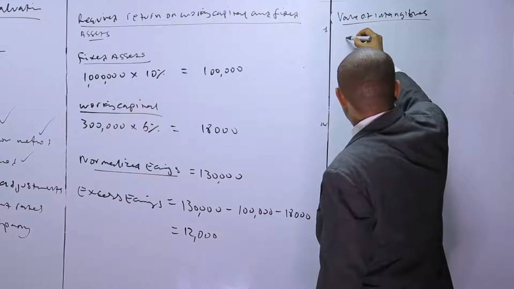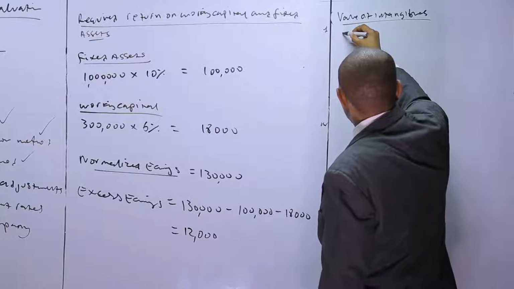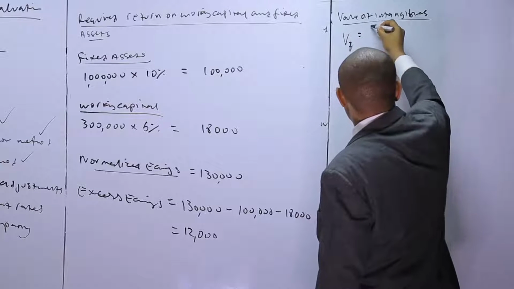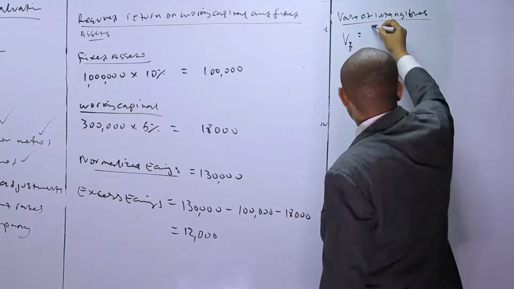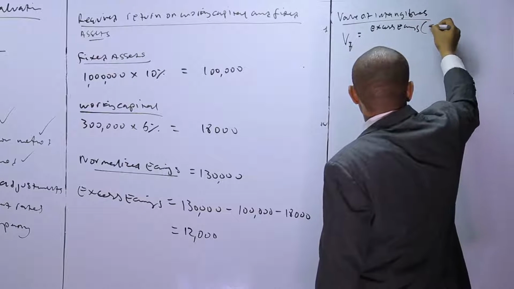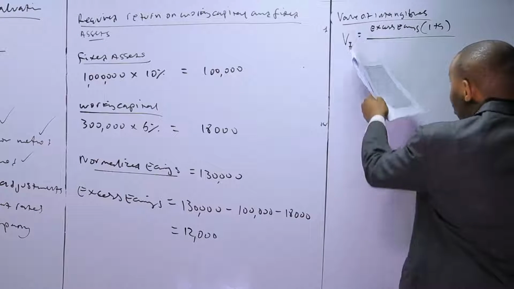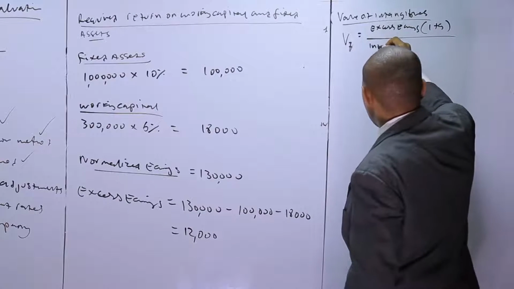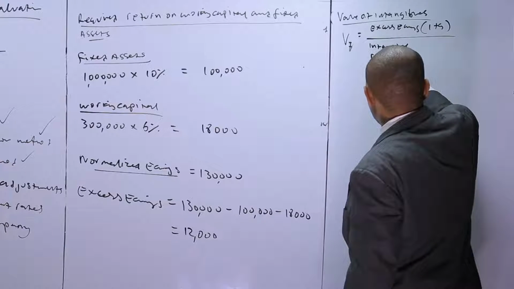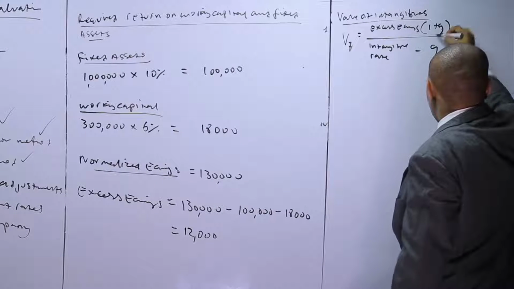First of all, we need to identify the formula. The formula to get the value of intangibles is the excess earnings times 1 plus g, over the intangible assets rate minus the growth rate, minus g, which you're applying right over there.